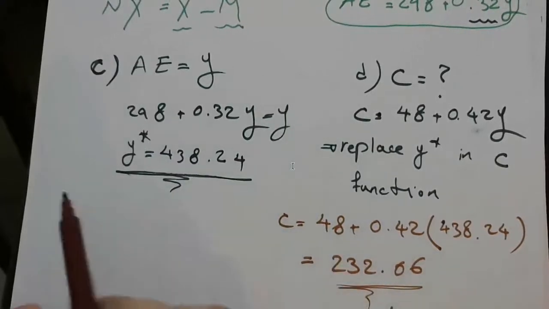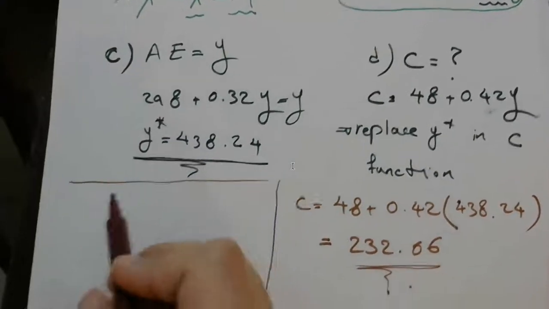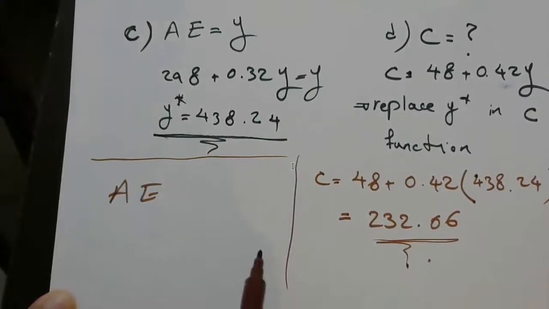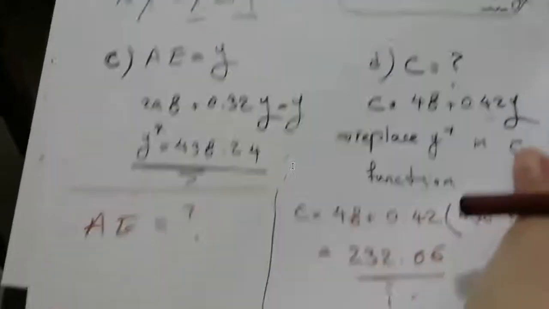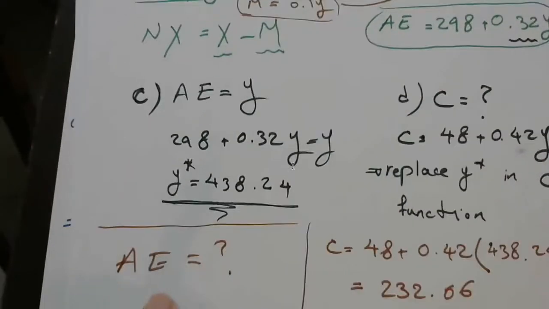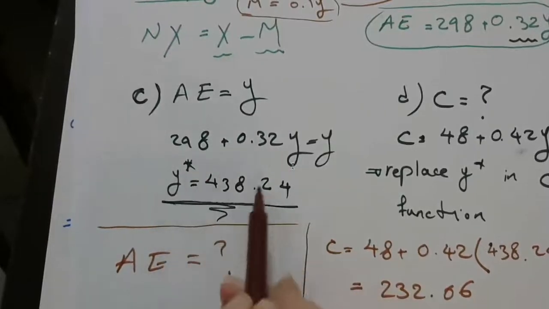The question hasn't asked you, but maybe a question could ask you to calculate the amount of aggregate expenditure. Then how? You get the aggregate expenditure function from here, write it down, and then replace this equilibrium in it.